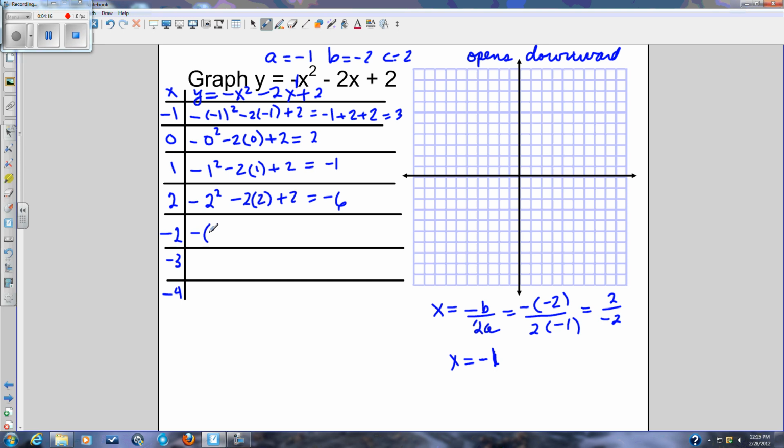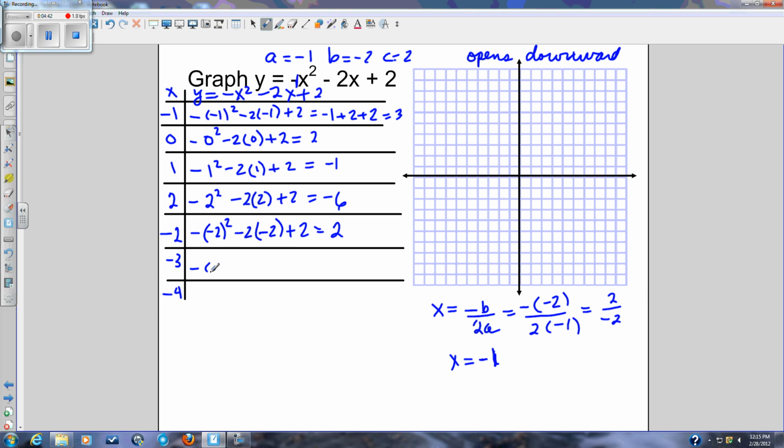Next, negative. Anytime you're plugging in a negative, put it in parentheses. It doesn't even hurt to put a positive number in parentheses, but you avoid a lot of problems this way by putting a negative in parentheses when you plug it into an equation. So we have negative 2 squared minus 2 times negative 2 plus 2, which gives you 2.